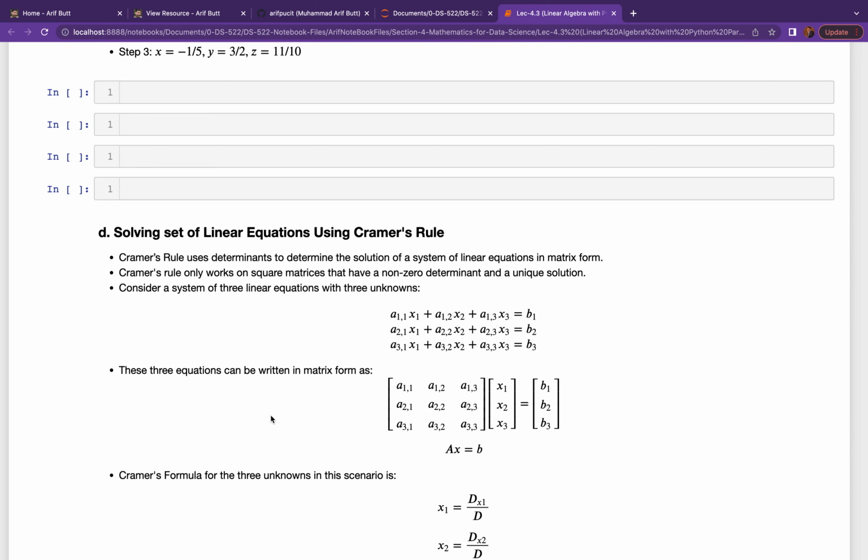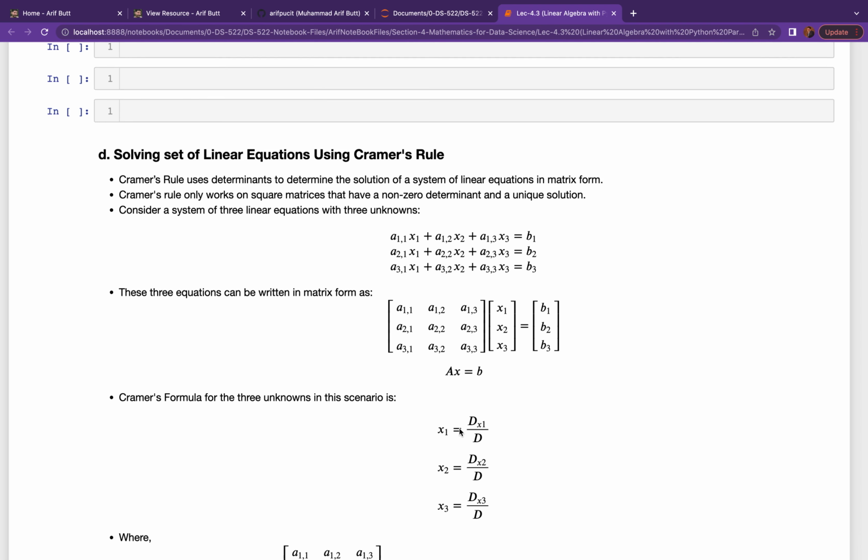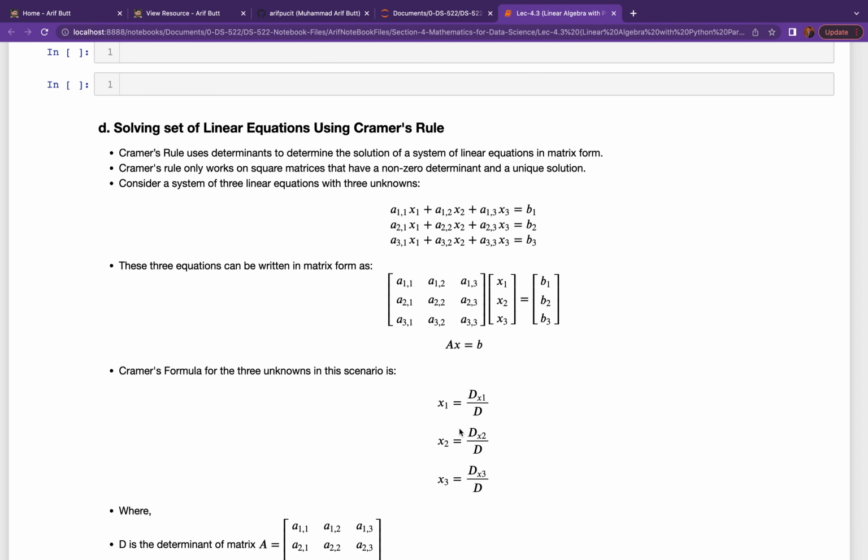Okay, so the third technique is the Cramer's rule. My dear friends, Cramer's rule uses determinants to determine the solution of a system of linear equation. So let's suppose we have once again a system of three linear equations having three unknowns. We convert it into a matrix form like this, and then we compute the determinants.